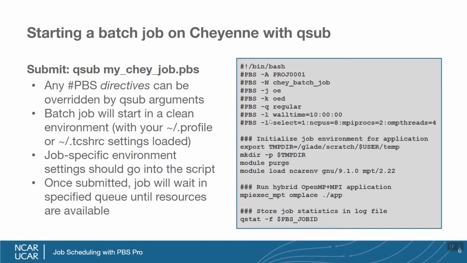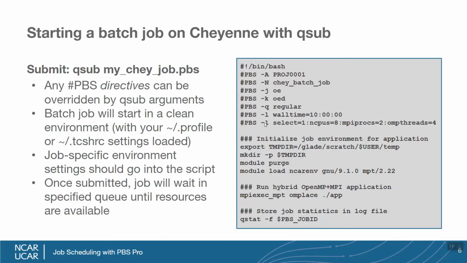Here is an example of a job level resource, the wall time, and here's an example of defining our chunks. We're asking for a single chunk, and that chunk has 8 CPUs, 2 MPI processes, and 4 OpenMP threads. It's important to keep some of these in mind, as there are some implications for the way these are defined. As you can see here, we're running a hybrid OpenMP MPI job, so we want to have some sort of split of those resources that makes sense for our application.